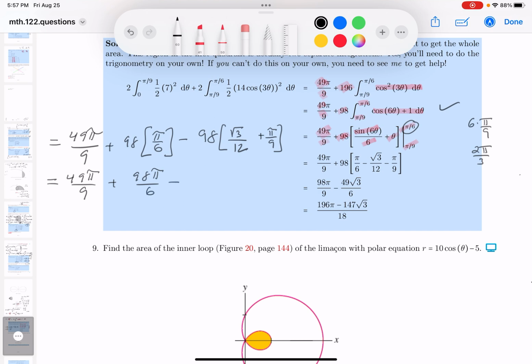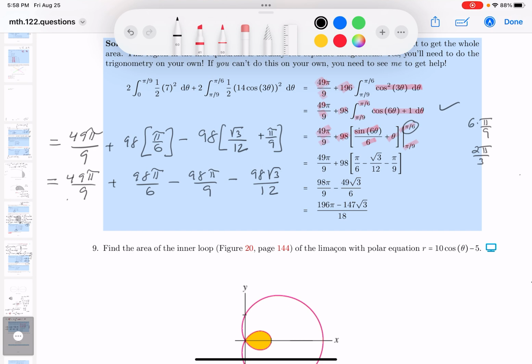Minus 98 pi over 9, minus 98 root 3 over 12. I got troubles here with the arithmetic, but I still want to go through it. I want to see if I get the answer they have listed. I'm not going to say it's right or wrong. Let's see if I can get that.